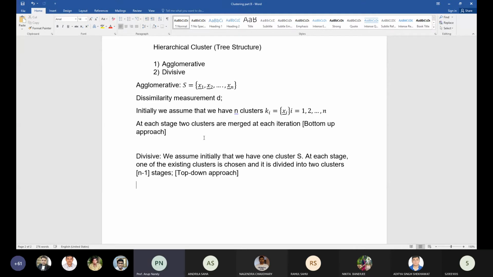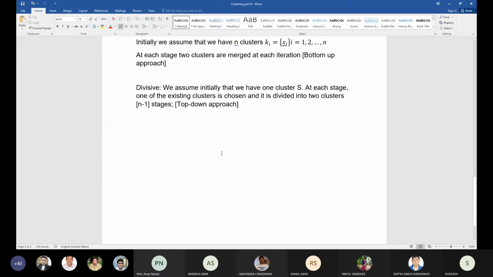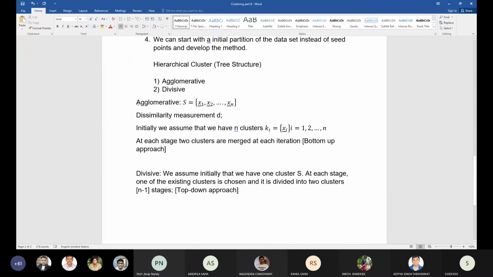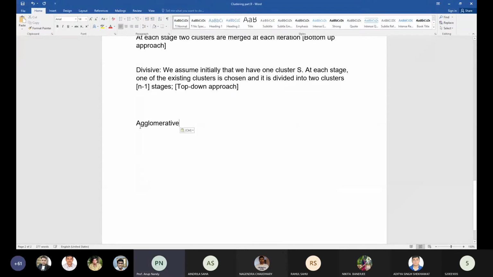Then you need to find some very important things that we are going to discuss in agglomerative clustering. In the first stage, what is it actually?